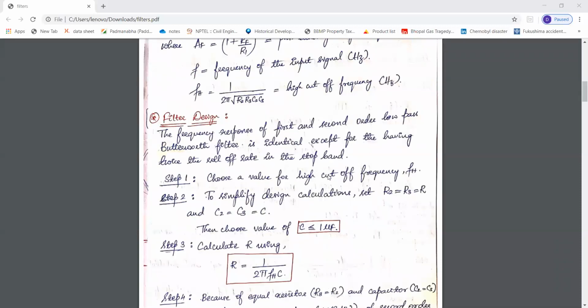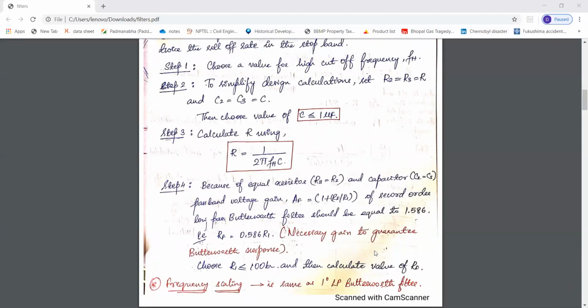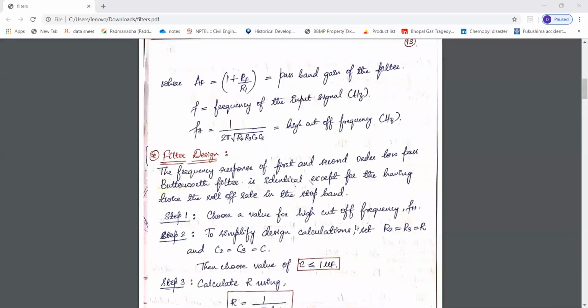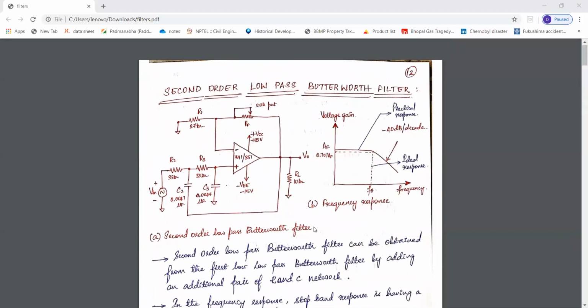So this value of R1 we choose in such a way that it is less than or equal to 100 kilo ohm, and we'll substitute this value of R1 in this particular equation and find the value of RF. So now we know all the values that are involved in the configuration of the second order low pass Butterworth filter.